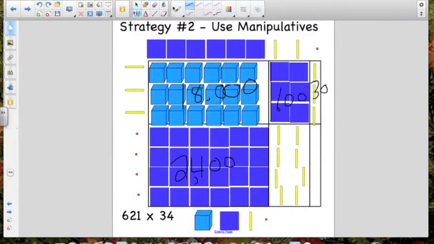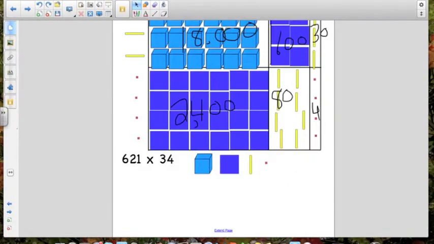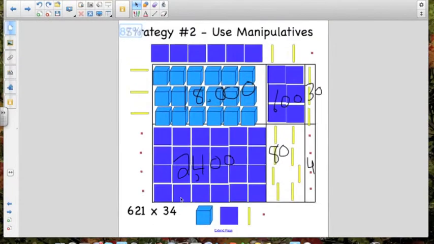Let's record that partial product. 80 in there. And then we have a 1 times 4. Take that 1, 2 little guys, 3, and 4. Let's label that partial product 4. Then what we need to do, extend our page so we can add these all up together.